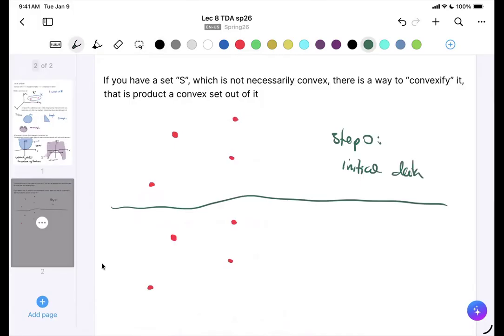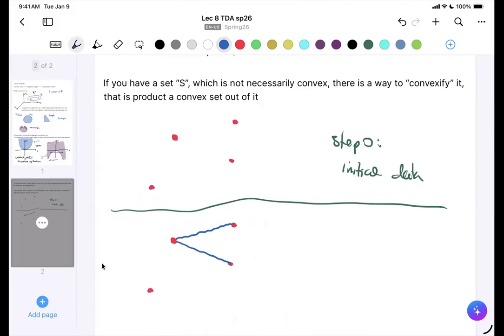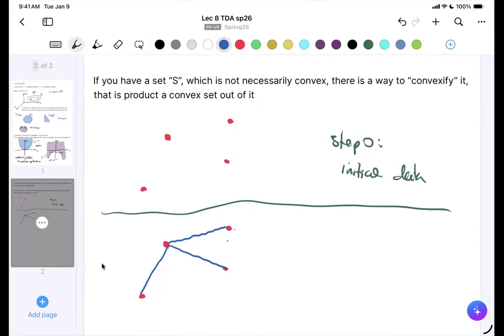And then step one would be to draw these segments I'm telling you about. From each vertex to any other vertex, you draw the line segments.